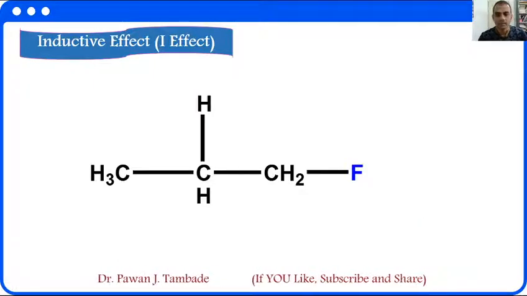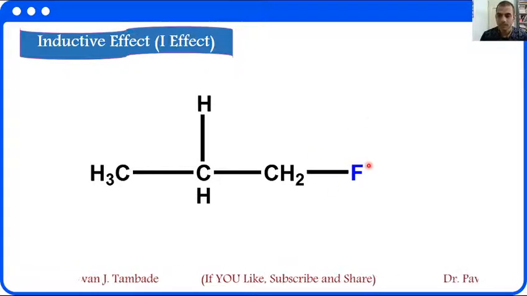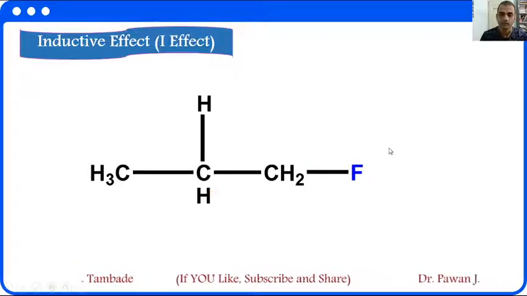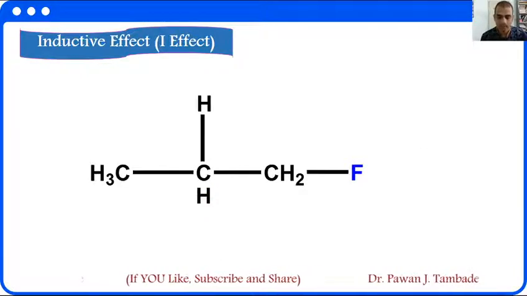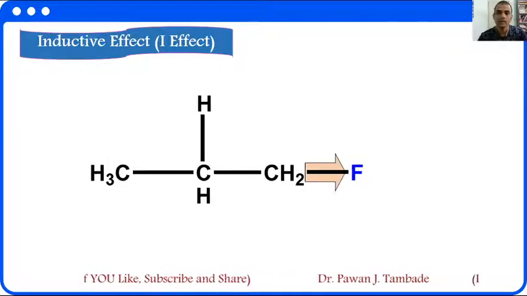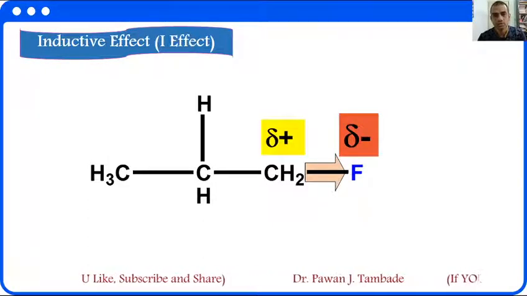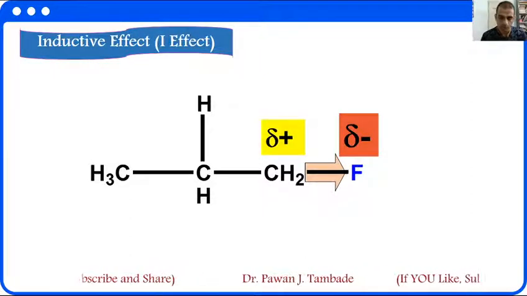Now look at this example. In this example, a fluorine atom is attached to a carbon framework. Because fluorine is more electronegative than carbon, it will pull the bonded electrons towards itself and acquire a partial negative charge, and the carbon, that is the CH2 group, will get a partial positive charge.